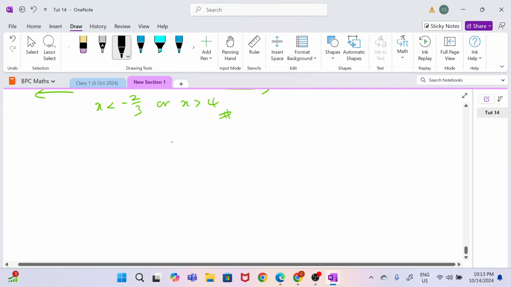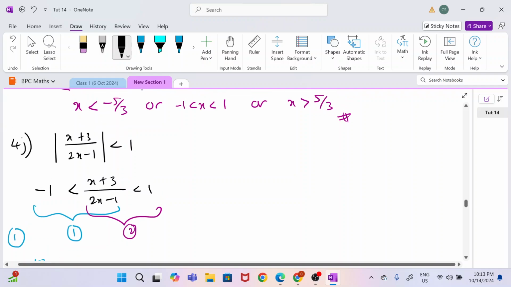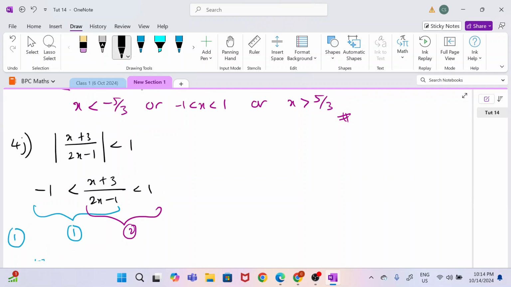Now let us summarize what I did. Any modulus function less than a number, that's what I did here.